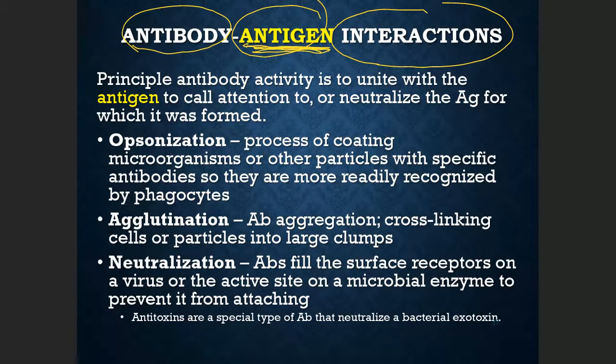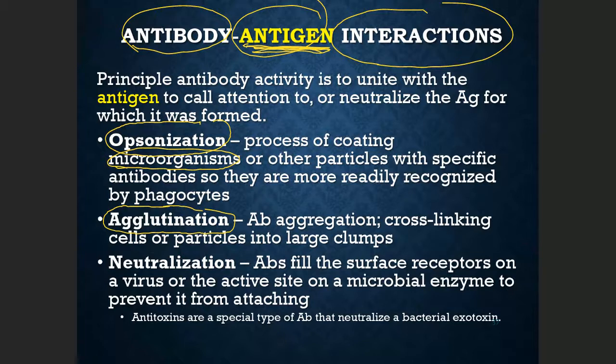There are several ways. The first one is called opsonization, where the antibody coats the antigen, like the microorganism, and makes them become inactive. It's not really destroying this antigen, but making the antigen inactive. It will not cause disease. Agglutination is when the antibody binds to the whole antigen and makes them combine together, making bigger molecules that will not be active.